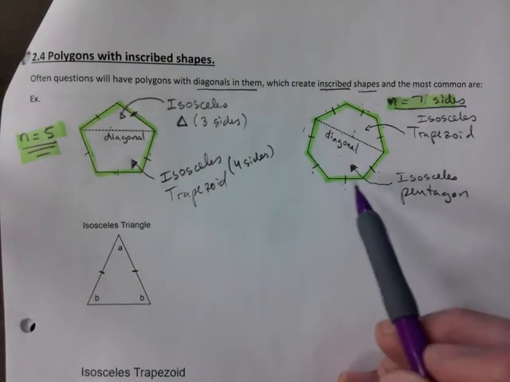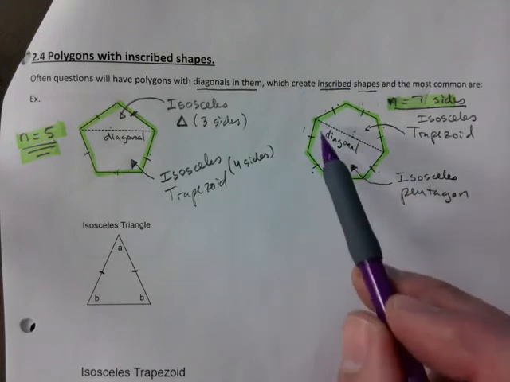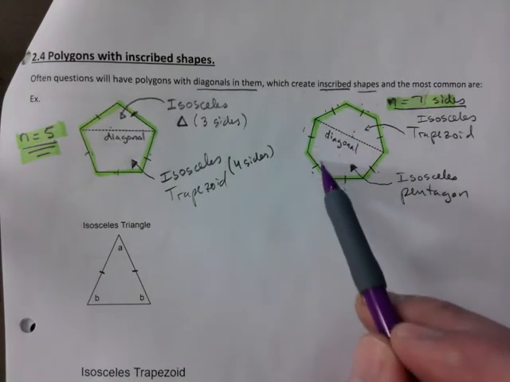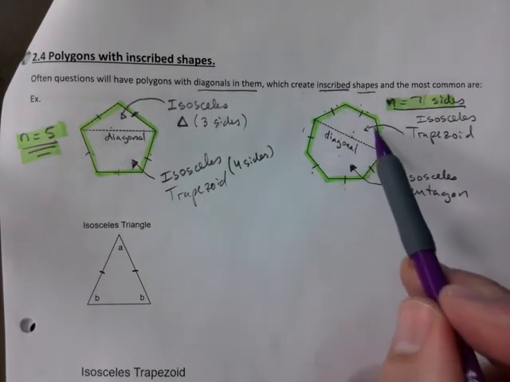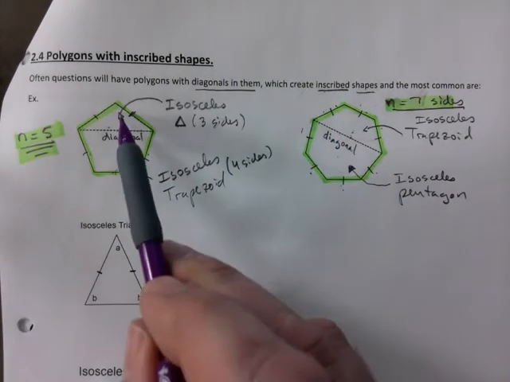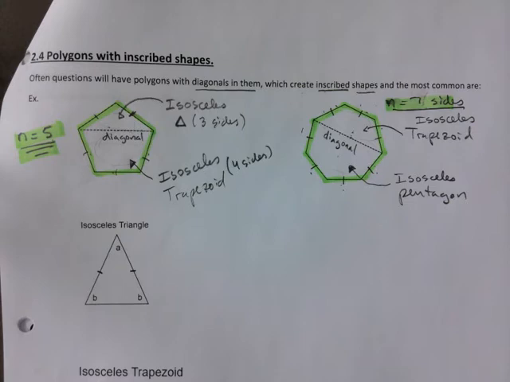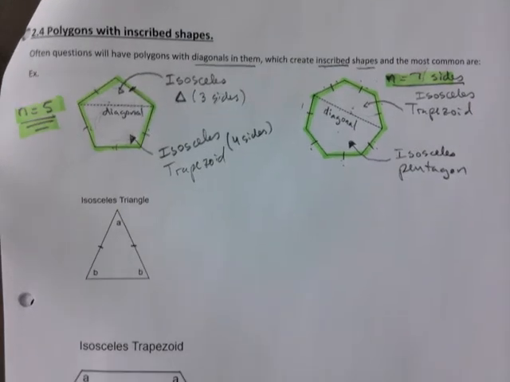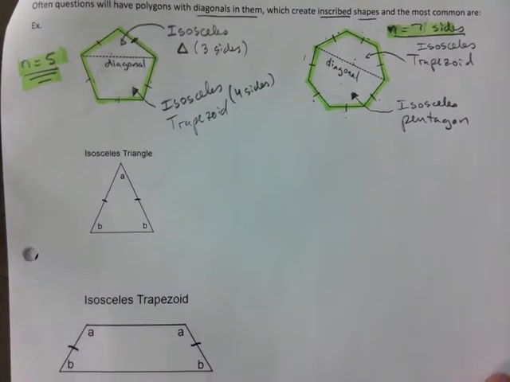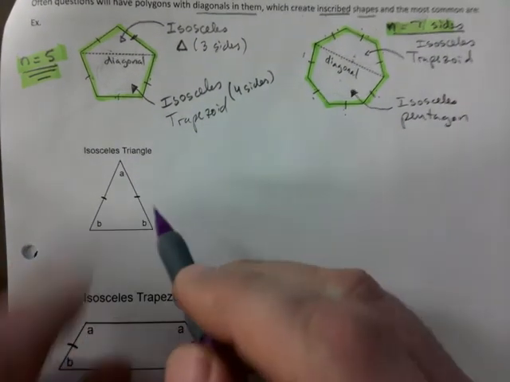I hope you see them, right? When I just make an arrow in there, I'm talking about this one being a pentagon. This is a trapezoid. Triangle, trapezoid, right? So I hope this builds the case for what you're going to see next, okay? All right, so isosceles triangle.